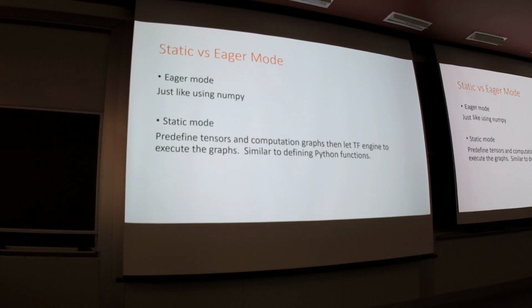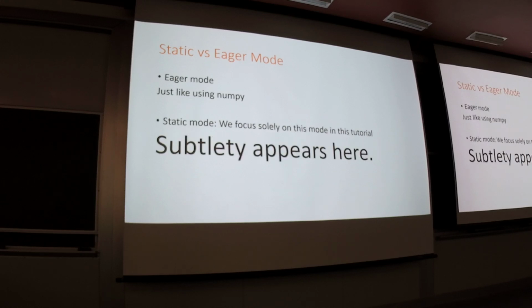So they won't change to eager as soon as Google does. For a very long time in the future, I think this one will still be the dominating, how should I say, the mode or the paradigm. Whenever we need to define the graph, there are many subtleties. I will show you in the code.